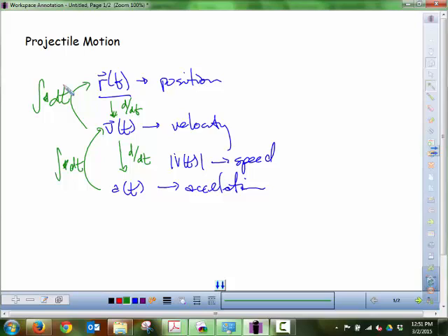But now, with vectors, we have the ability to do this in 2 dimensions and 3 dimensions as well, and higher dimensions if you want to think about it that way too. But we'll stick with 2 and 3 dimensions. And here are the basic pieces of information. Okay? All right.